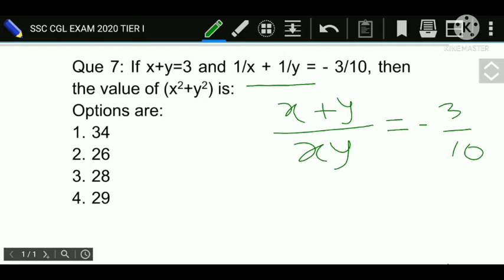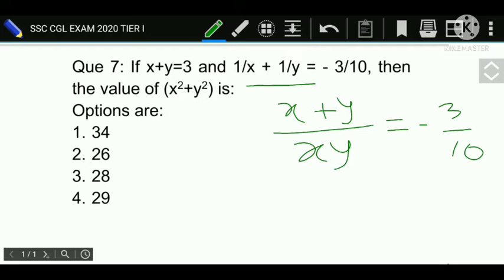Whereas we have seen x plus y is equal to 3. So clearly the value of xy will be equal to minus 10.